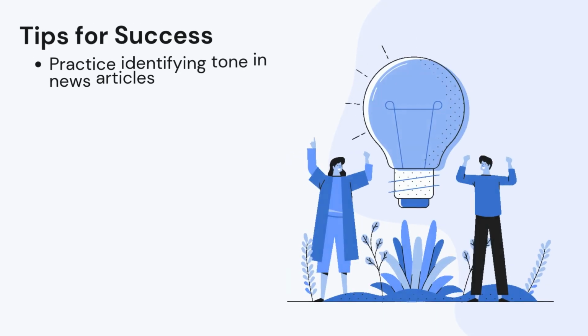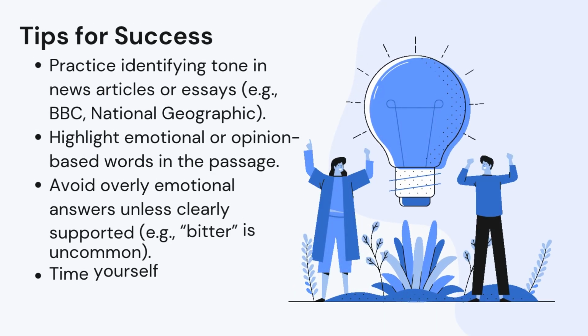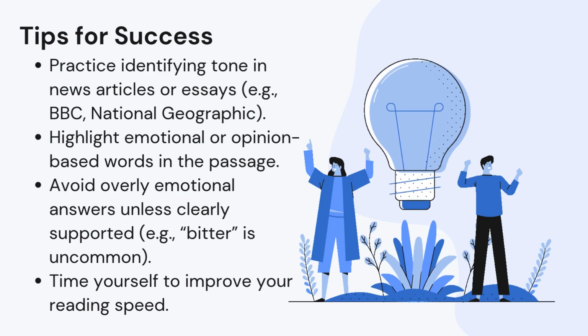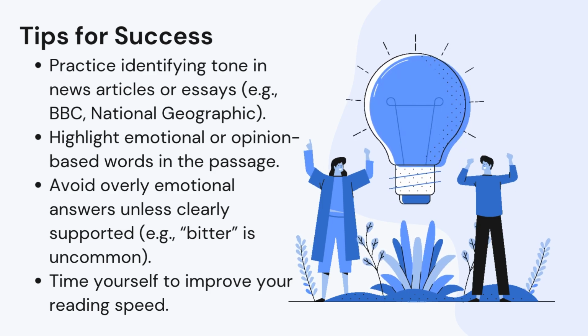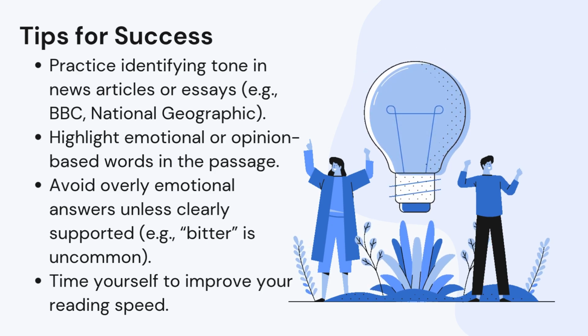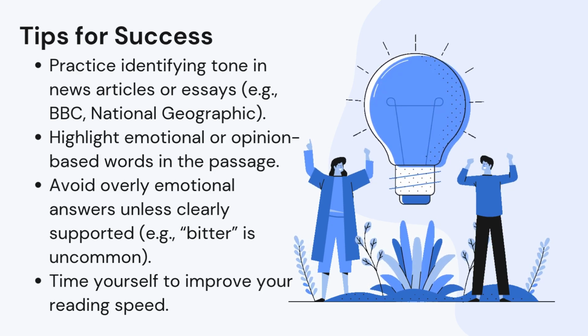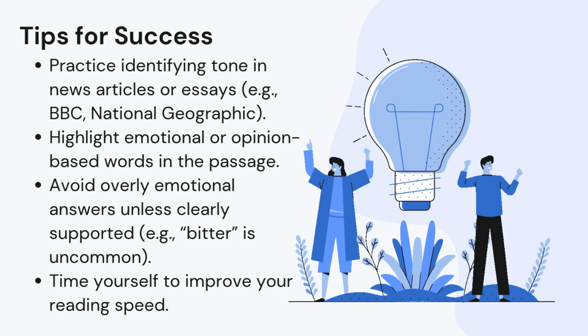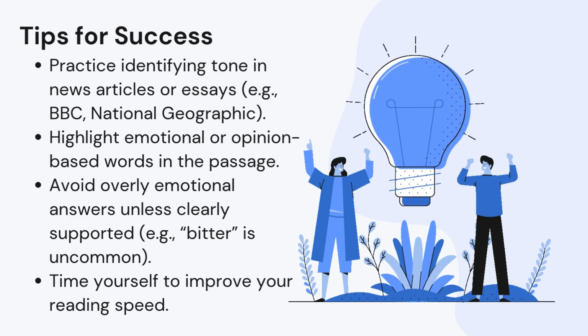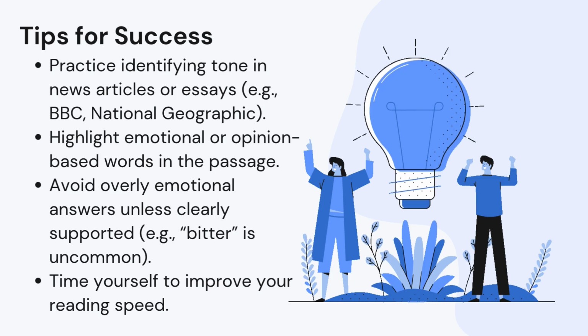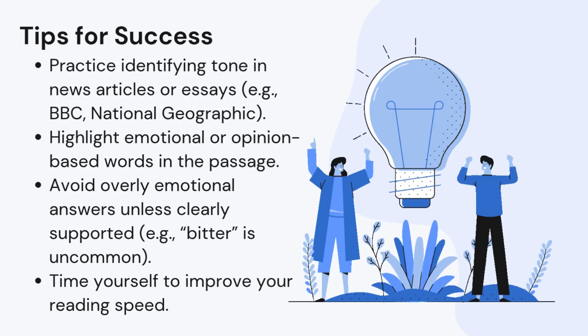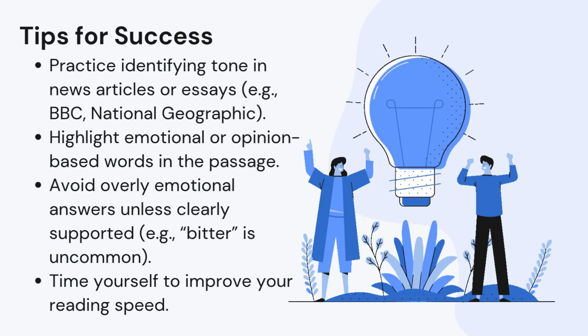To summarize, here are some important tips for success to help you master tone and attitude questions. First, practice identifying tone regularly. Read news articles, essays, or even editorials from reputable sources like BBC or National Geographic, and try to describe the author's tone. Second, highlight emotional or opinion-based words in the passage.